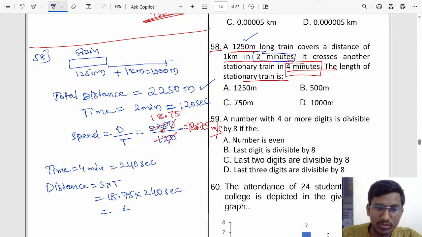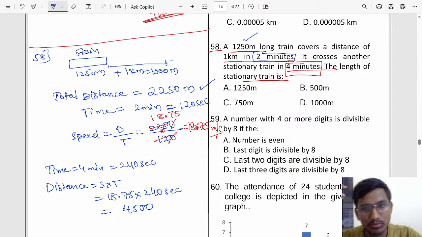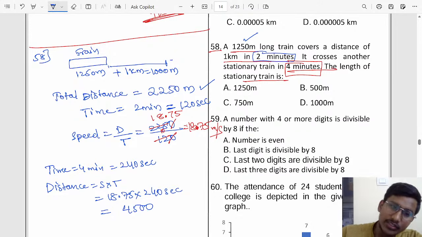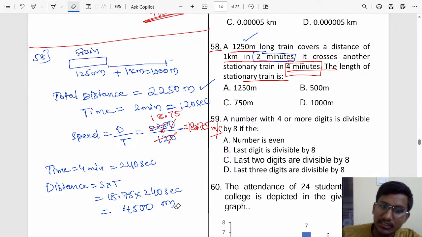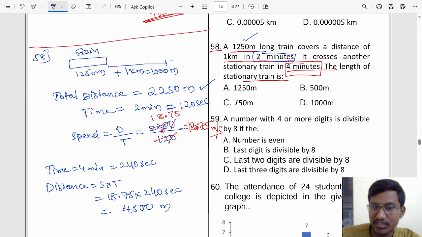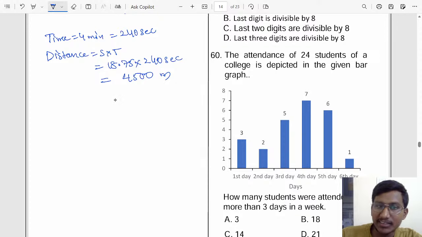It will be 4500, right? So that will be in meter. In this we also have the train length. In this we also have the train length of how much?